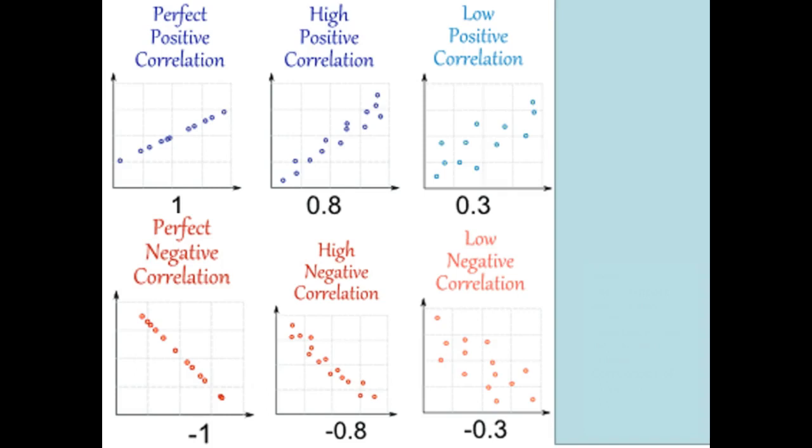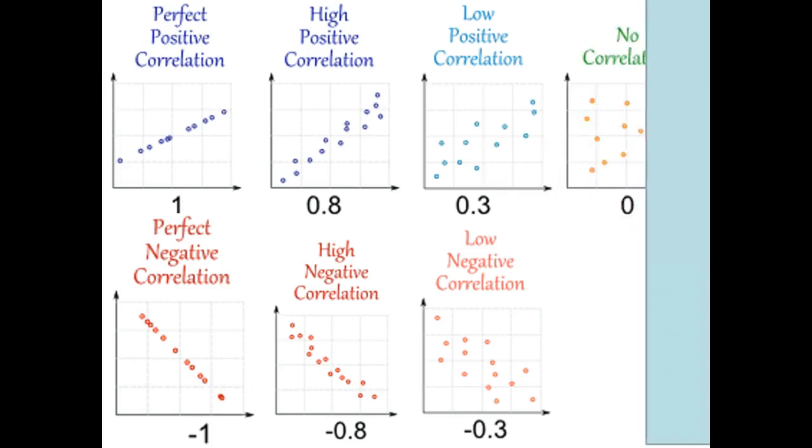You can see from the scatter graphs that the positive and negative correlations are mirror images of each other. Remember that each dot on the graph represents an individual score on variable x and variable y. And of course, correlations of 0 indicate no relationship between the variables.